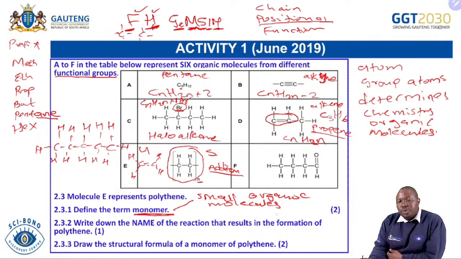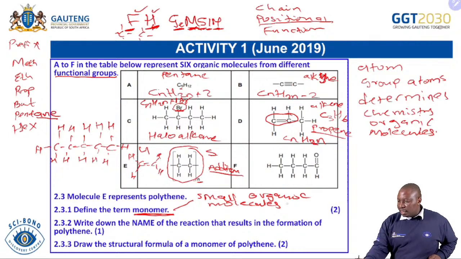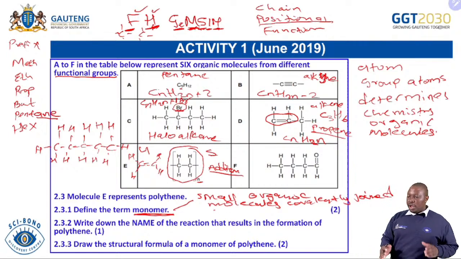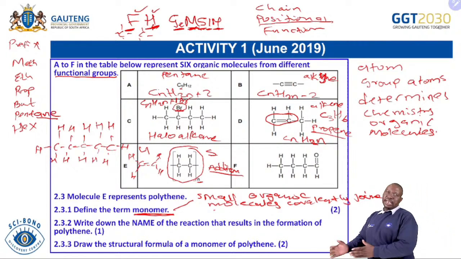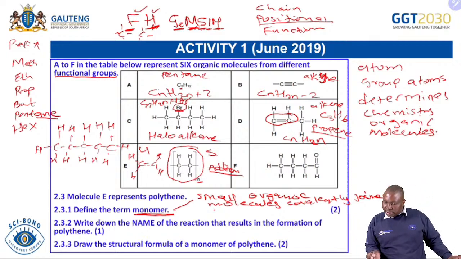They are not just joined together, they are covalently joined. Remember, covalent bond is the sharing of electrons. So they are covalently joined together in repeating patterns, so we have many of them joined together. So if you look at that, you're able to answer: these are small organic molecules that are covalently joined together in a repeating pattern. Oh, you get your 2 marks.